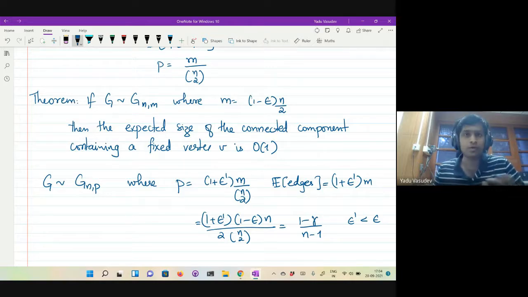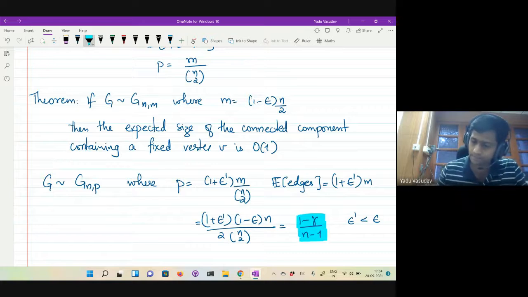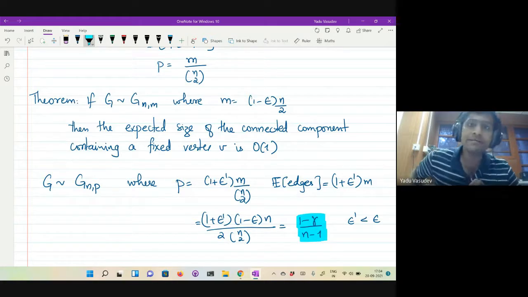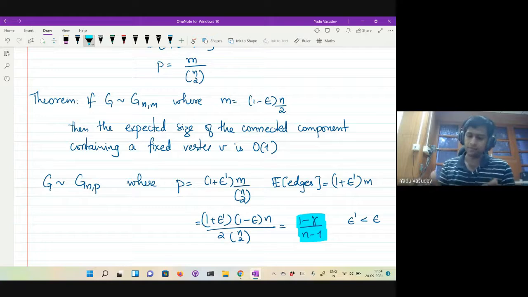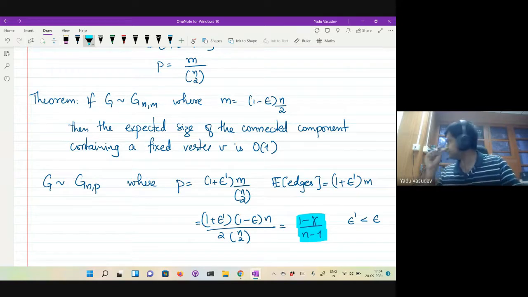Instead of that, we will look at a graph obtained from the Erdős-Rényi model with the value p fixed to this constant. And what we have seen from the last class is that this is sufficient. If you can bound the expected size of the connected component in this graph, then that suffices for the actual graph that we are studying, the cuckoo graph. Any questions so far?